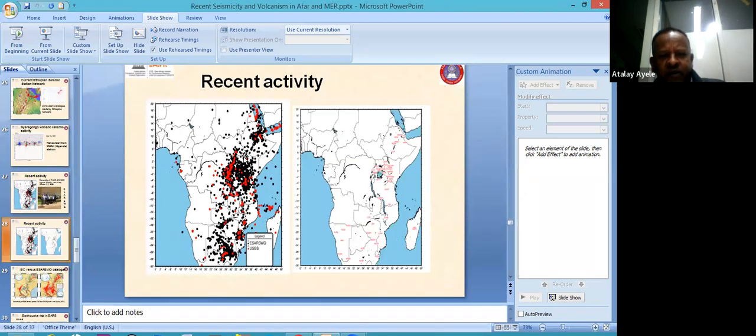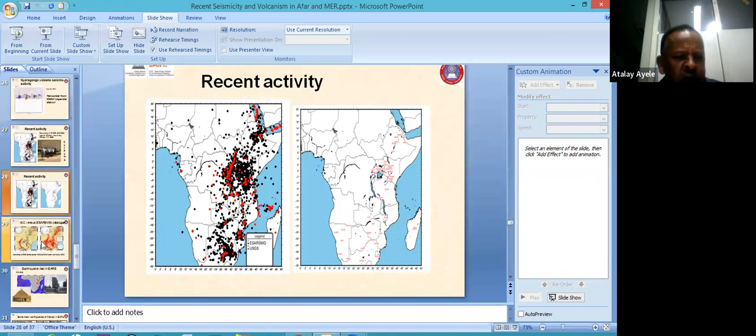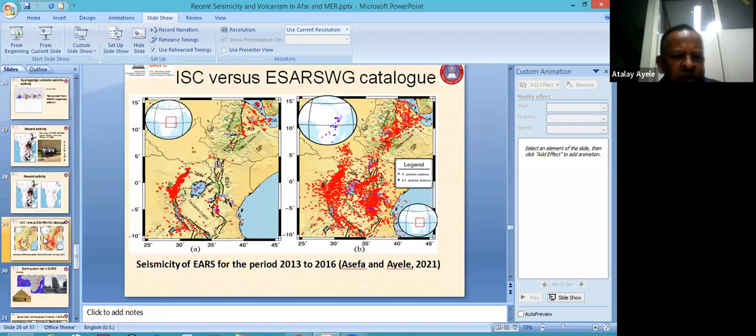Same seismicity map on the left panel, and the one on the right is the station distribution. I'm not sure if it is visible, but the station distribution is very sparse. On a similar argument, this is a published work.